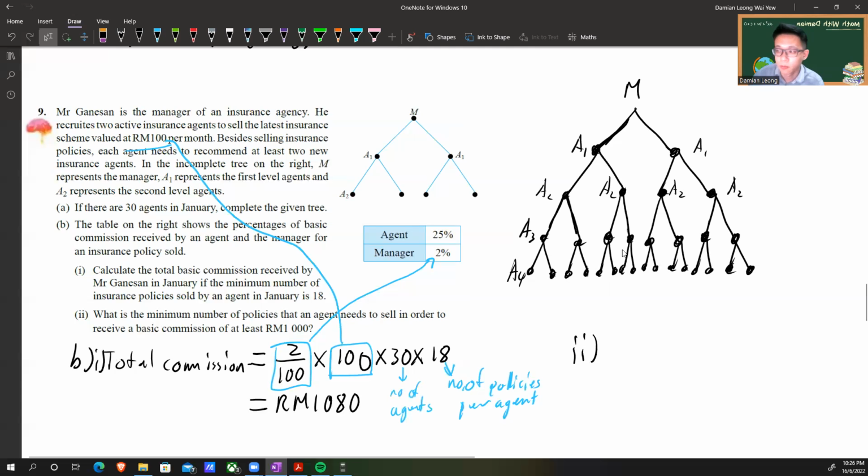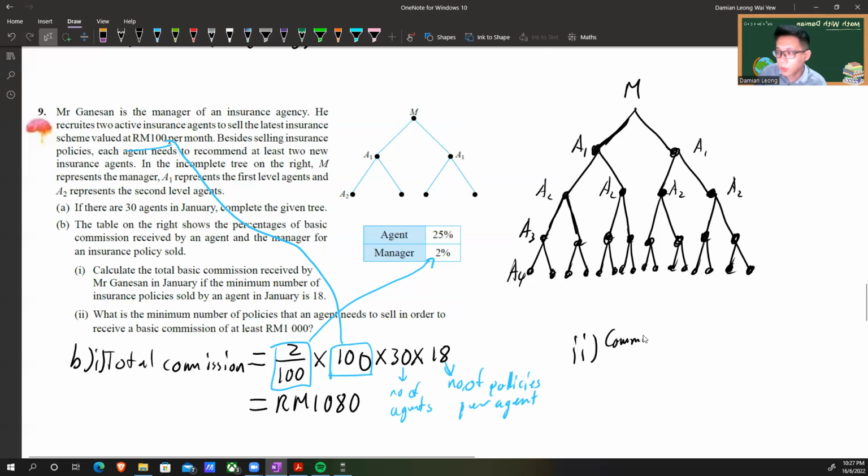So for B2, the number of policies is based on the rate, the amount over the number of policies. To reach 1,000 ringgit, you have to take 1,000 divided by the commission that they get per policy.